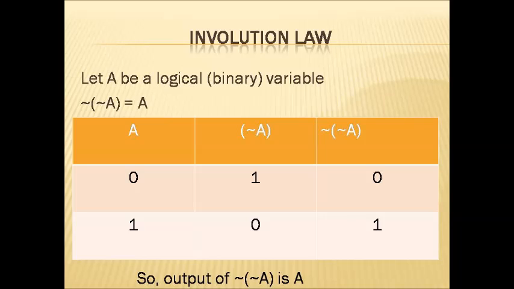And in the last column you can see that we are finding the complement of a again. So you can see that again complement of a having values 0 and 1, which is equal to the values of a. So we can say complement of complement of a is equal to a. I hope you understand that.